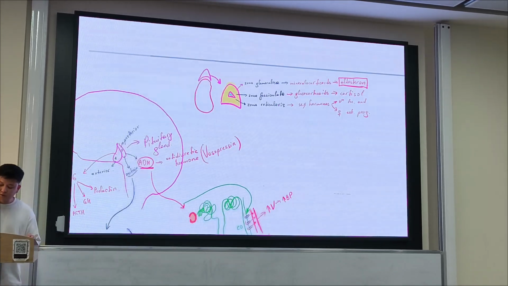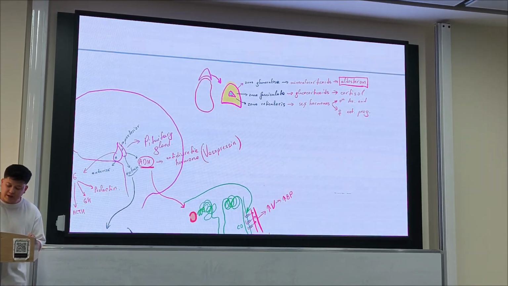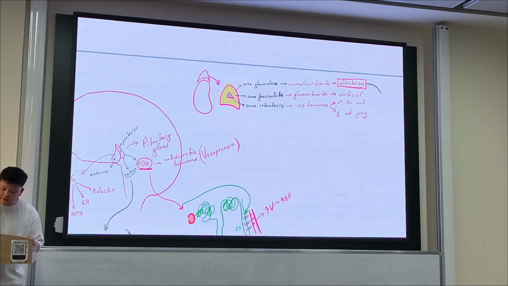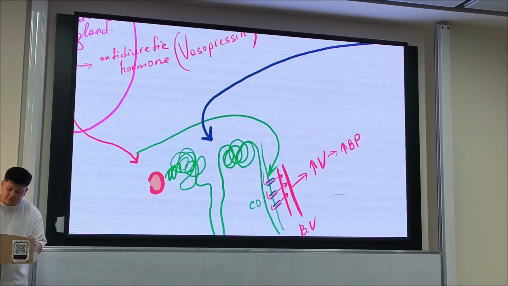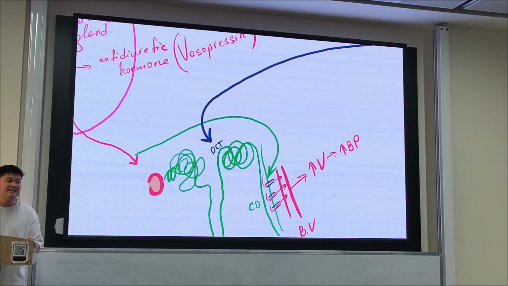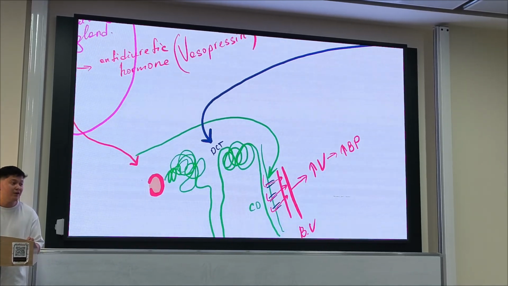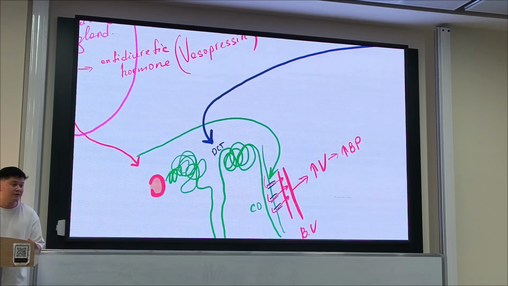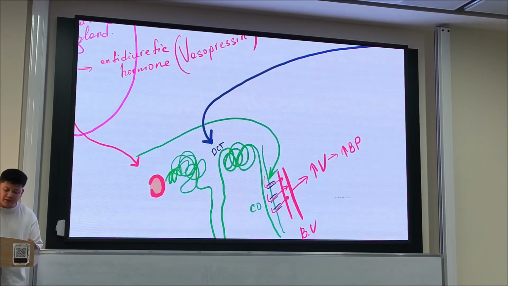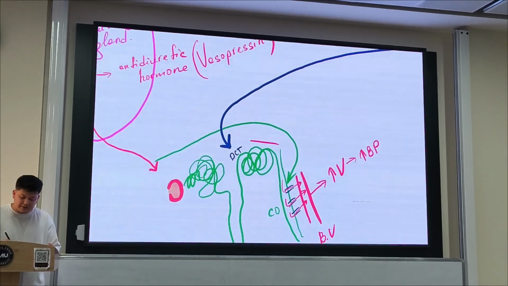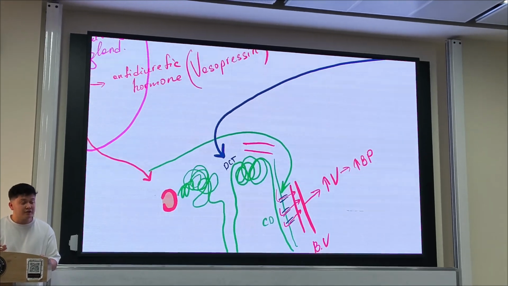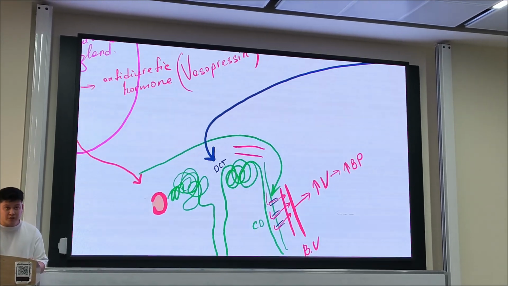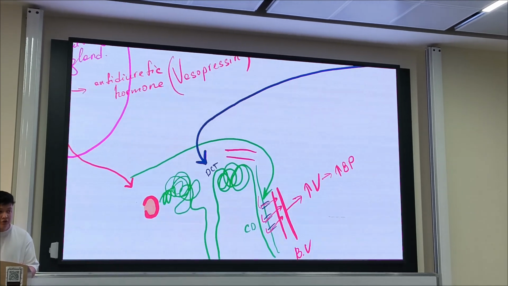This aldosterone, which is synthesized, is going to affect the distal convoluted tubule, DCT, of the nephron. There are blood vessels as well near the distal convoluted tubule. Its function is to stimulate the sodium channels. So if you stimulate the sodium channels with aldosterone, what's going to happen?